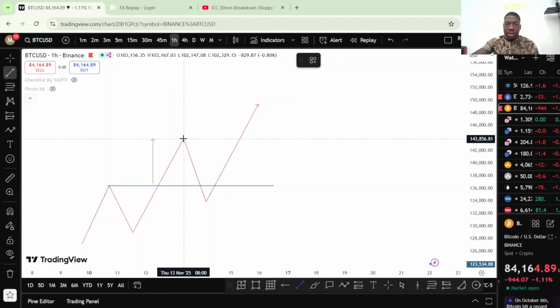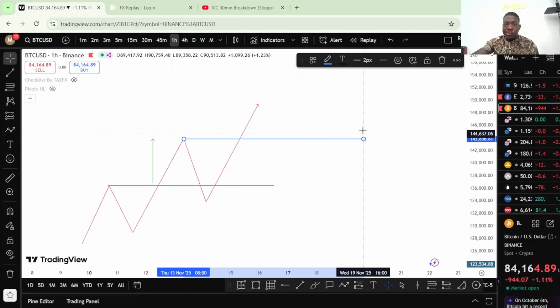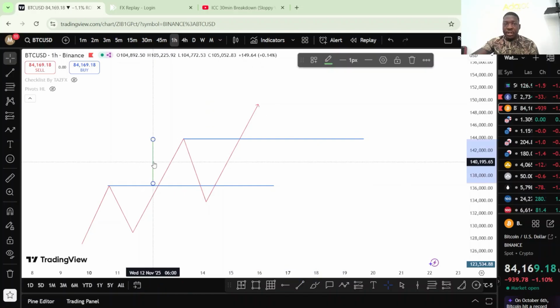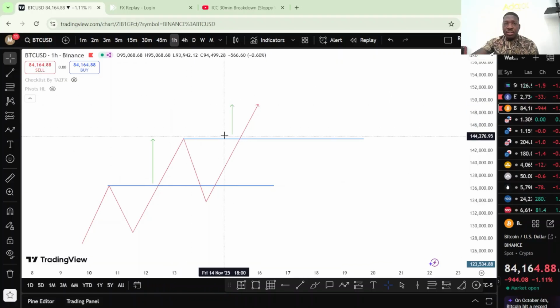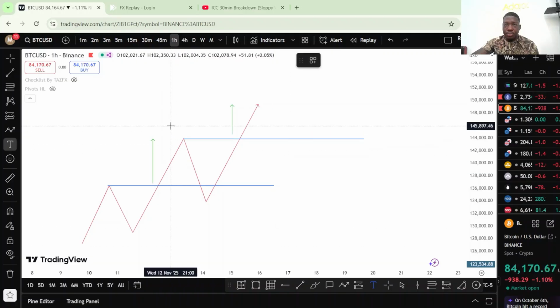And when you are doing from here to here, you also know everything above this level is going to be bullish, because this is the indication. So remember, this is the indication, correction, continuation: ICC.